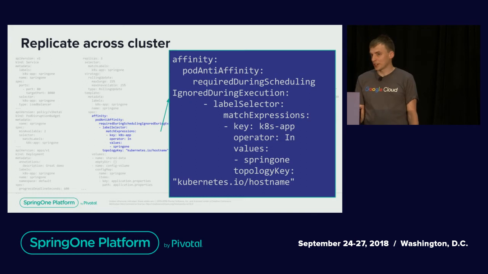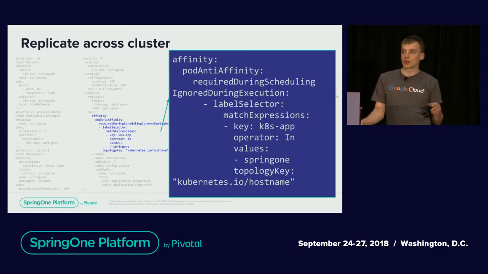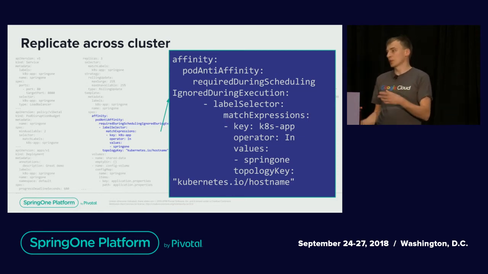One more neat thing is that it can spread not only across different VMs, but across different AZs. It depends on node labels. You can label a node and add multiple labels, so there might be availability zone, VM types, or some hardware like GPU, and you can put pods on specific VMs.